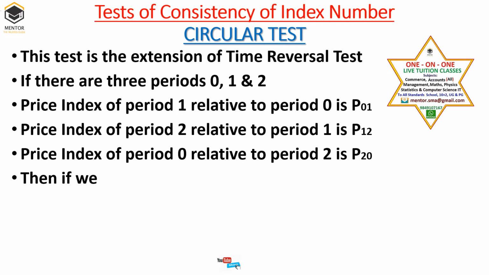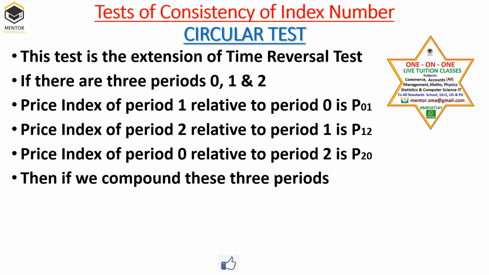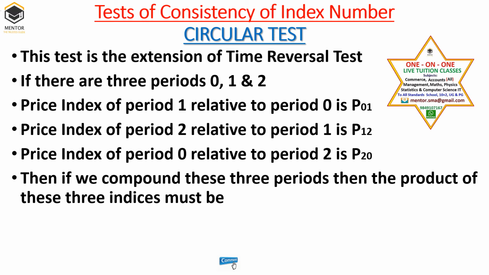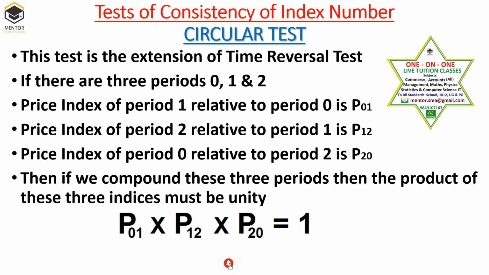If we compound these three periods, then the product of these three indices must be unity, meaning equal to 1. So P01 into P12 into P20 is equal to 1. This is the formula of the circular test.